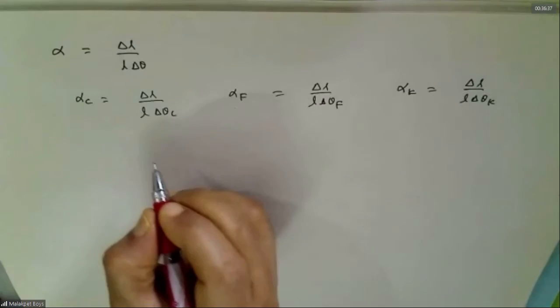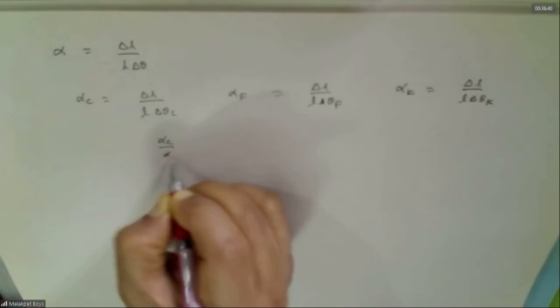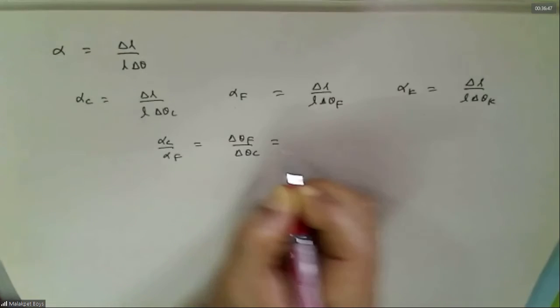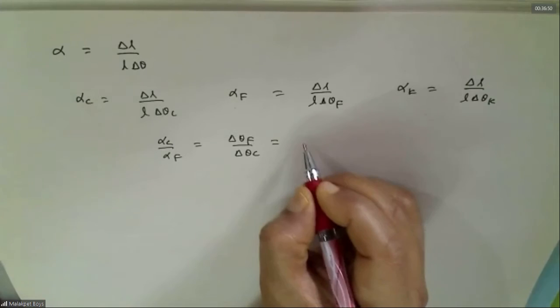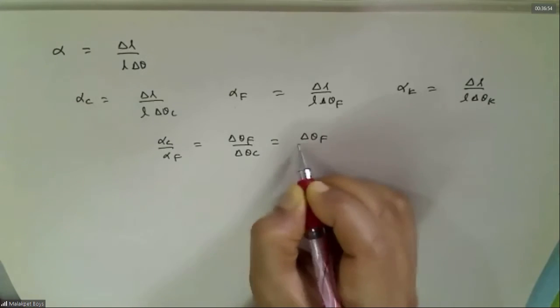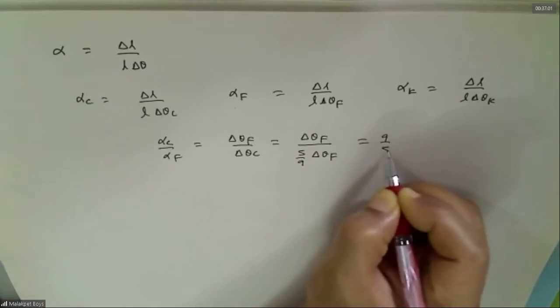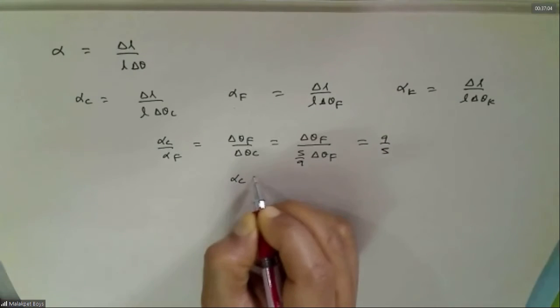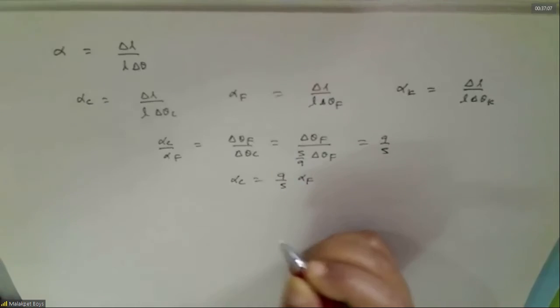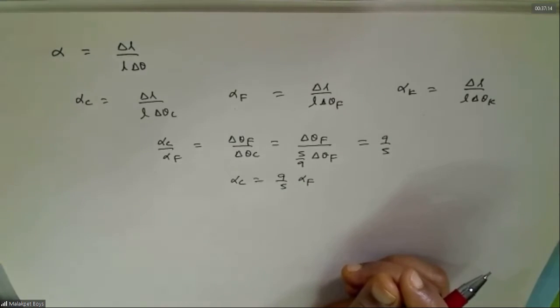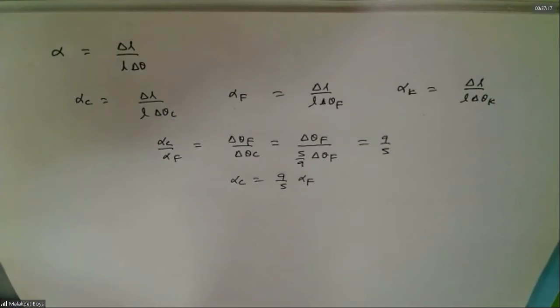For example, if you take alpha C by alpha F, that comes to delta F by delta C. This is nothing but 5 by 9 or 9 by 5. Like that, the alpha value changes. Is it clear? So remember that.